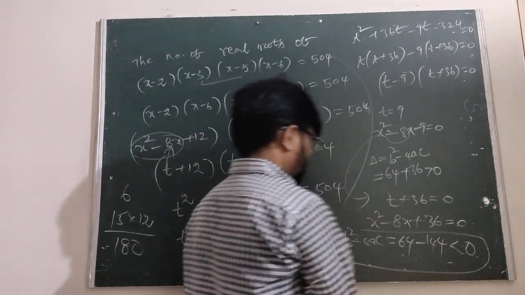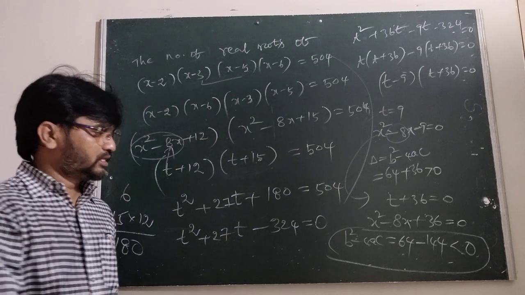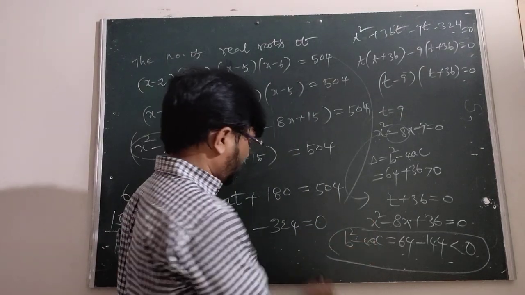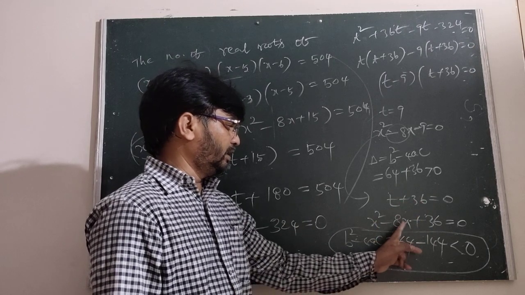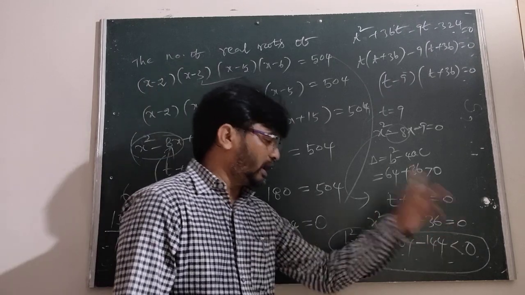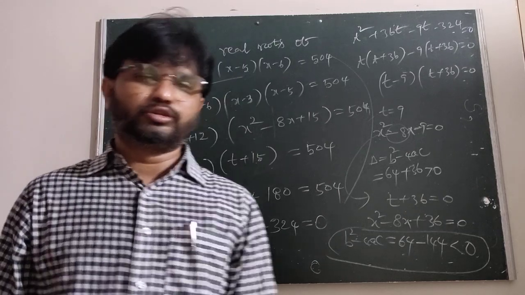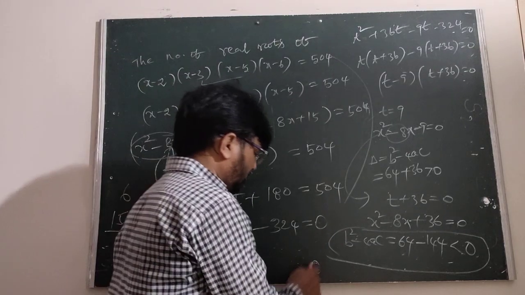This is less than 0. So in this case the number of real roots is 0. It has only imaginary roots. X square minus 8x plus 36 has only imaginary roots, that means the number of real roots is 0.